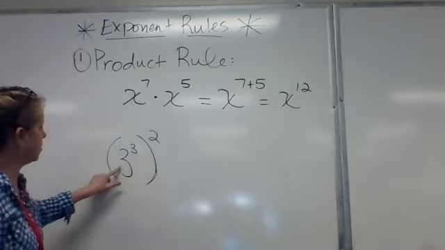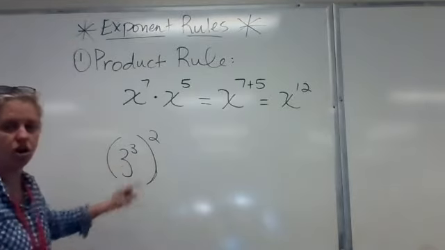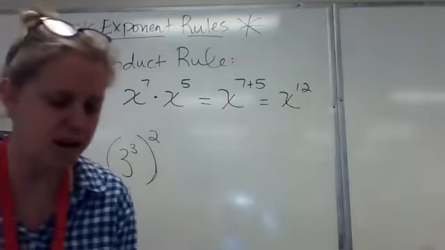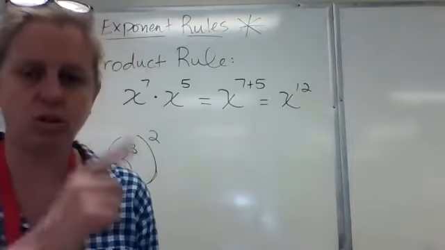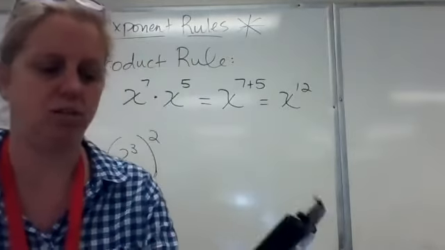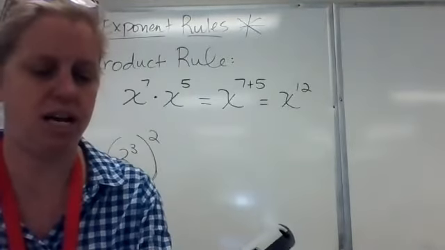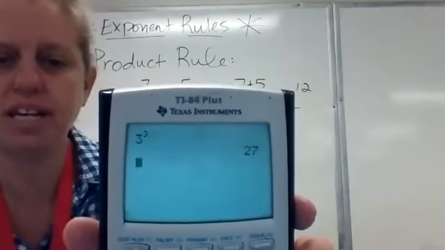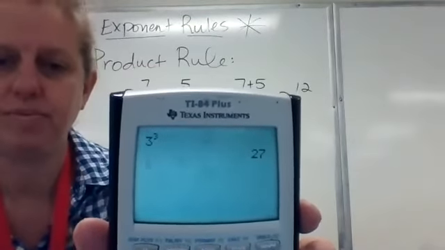Okay, so let's just figure out what is 3 to the 3rd power. So you can either in your calculator do 3 times 3 times 3 or in your head, or 3 go up into your exponent 3. So inside that parentheses, I really have 27, right?